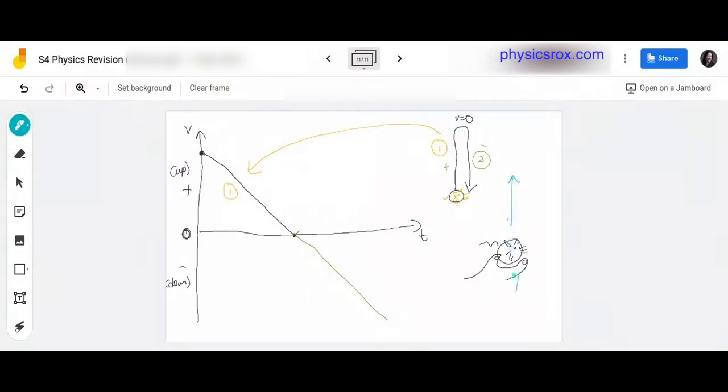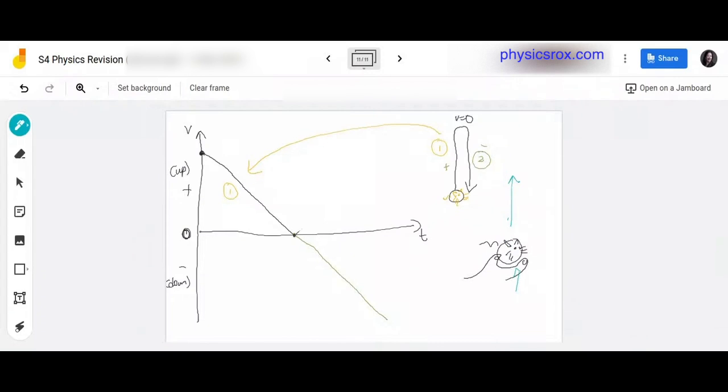Your hand is moving with the cat. So when you push the cat up, the cat has the same velocity as your hand. That's why the initial velocity is not zero. You're pushing up with a certain velocity, then as it's moving, it slows down at the top. Yeah?